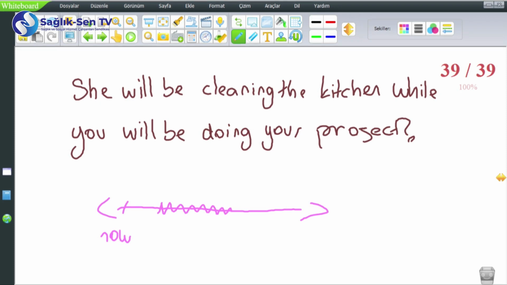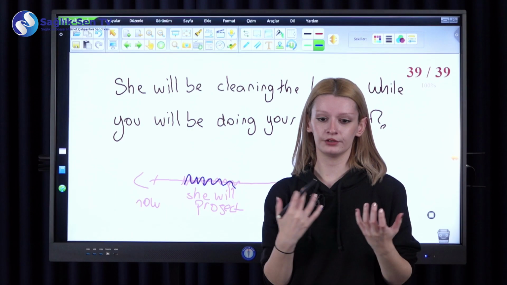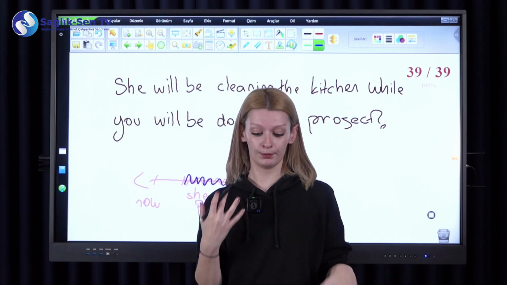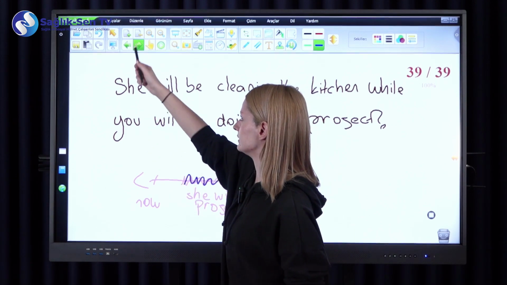So, in this time, she will be cleaning the kitchen and you will be doing your projects. So we can say that they are happening at the same time in the future, but also they are both long actions.